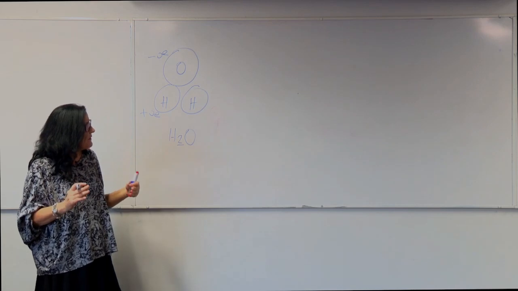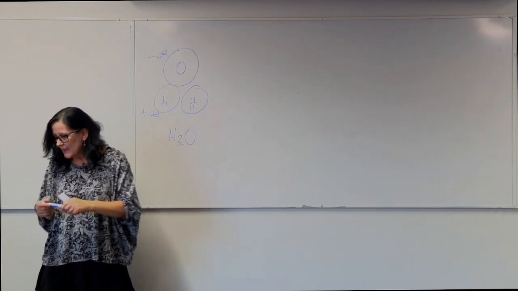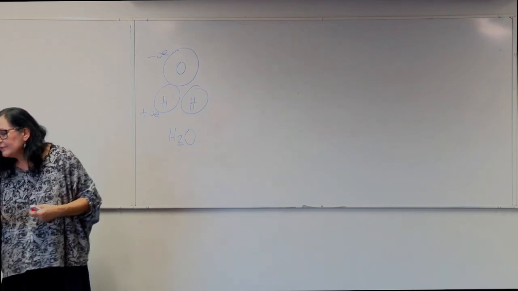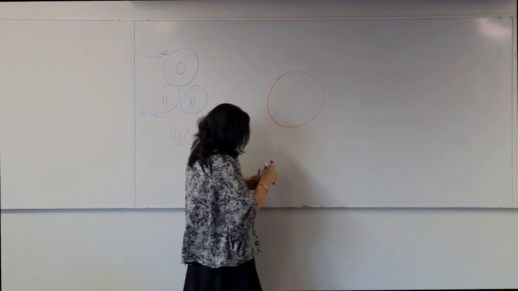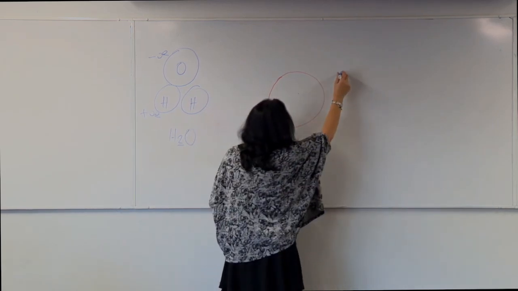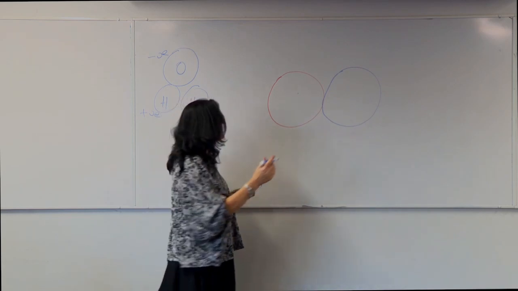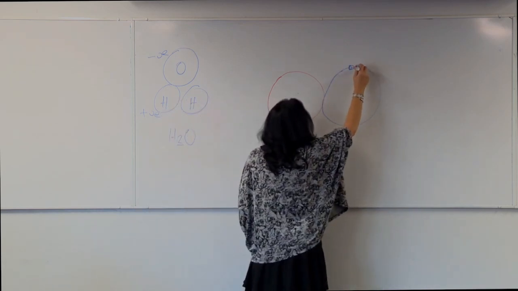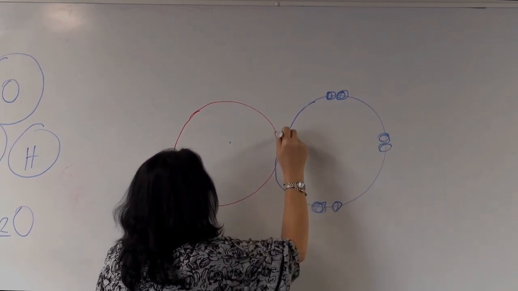In terms of NaCl, what we have is Na and Cl. We'll make them different colours so it's nice and clear. There we go, nice little electrons.